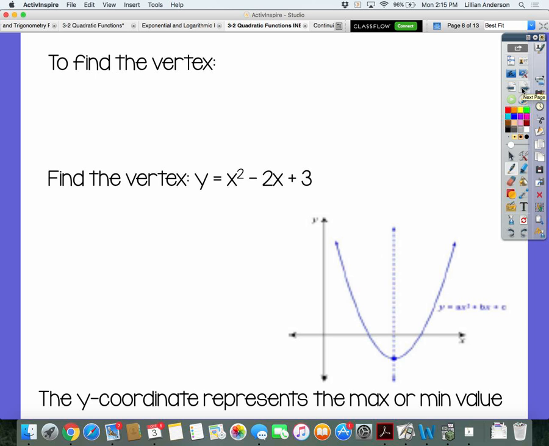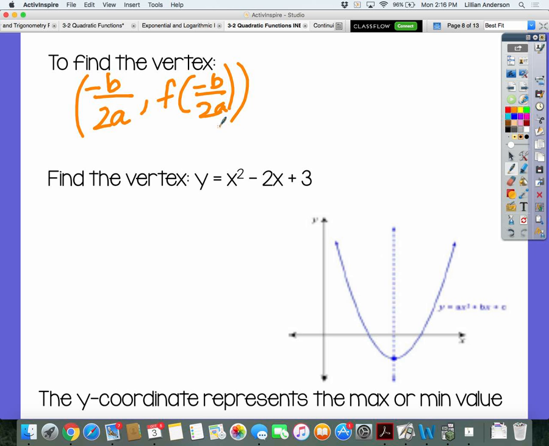Using that, we can actually find the vertex. The axis of symmetry is the x-coordinate of our vertex. So we can look at it as the x coordinate is that negative b over 2a, whatever we get when we do the axis of symmetry. The y coordinate is what we get when we plug that number in. That's what f of negative b over 2a means. So whatever that number is, we plug it into our function. That's how we find the vertex.